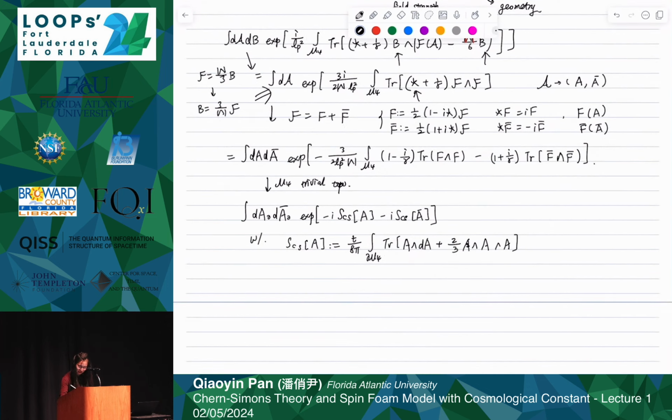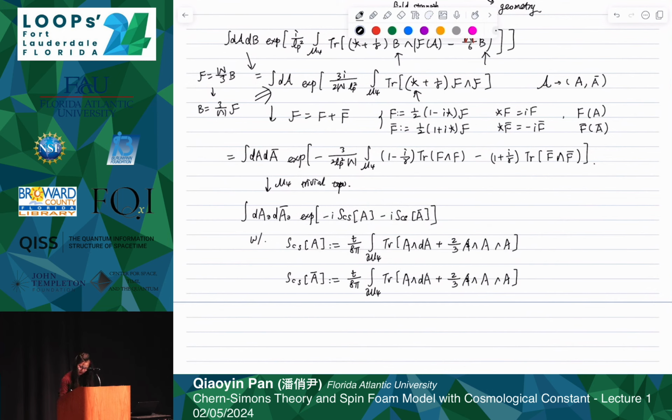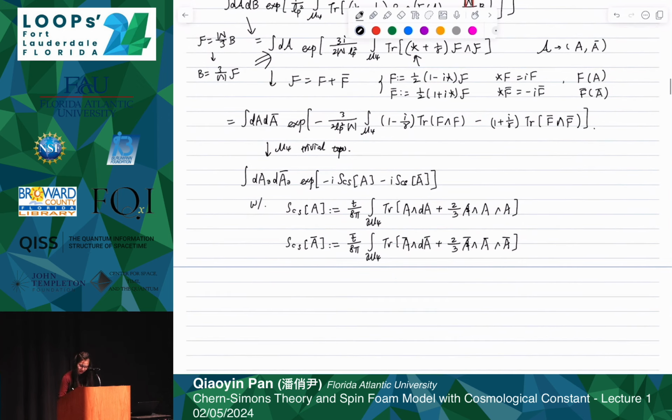And for the anti-self-dual part, I just put a bar on top of them. So I have t bar, A bar, A bar. And what is t? t is a coupling constant, and it's a complex coupling constant, actually. So it has a real part, k, and it also has an imaginary part, which I would say is s. And t bar is the complex conjugate of it.